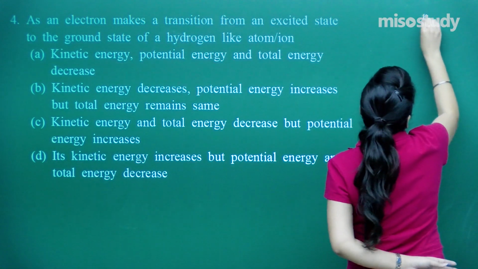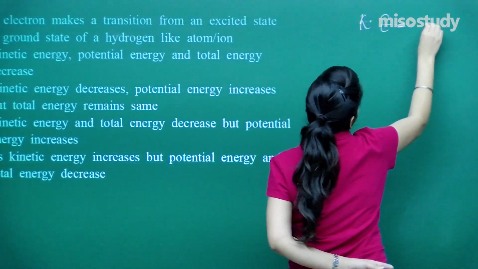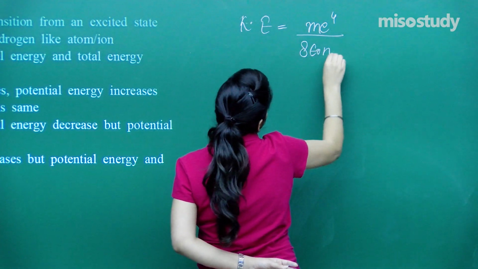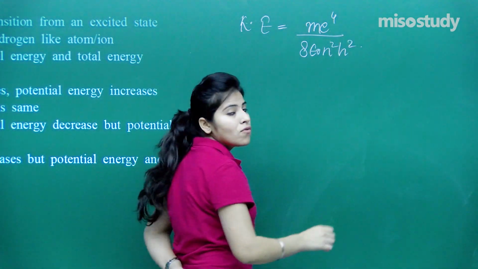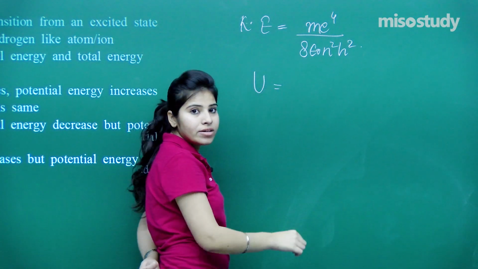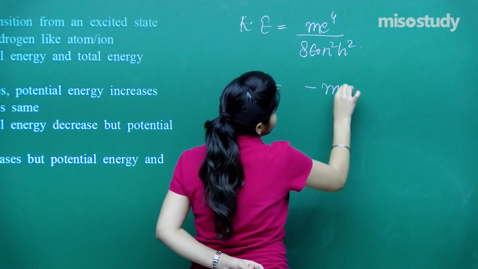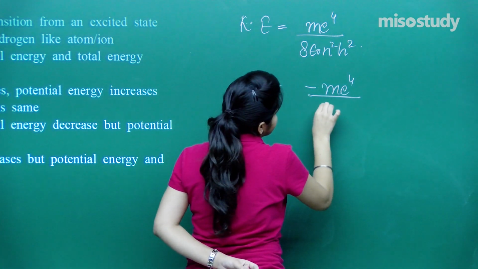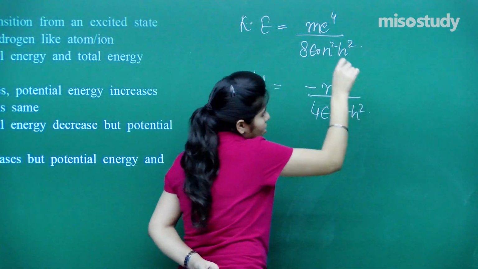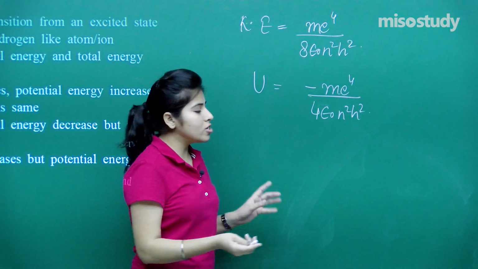So for that, we know that kinetic energy is nothing but this is the formula of kinetic energy. And if I will be writing about potential energy, that is nothing but... and you know that total energy is what?